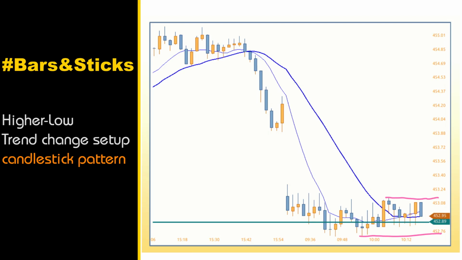Still nothing to do. And it is above the moving average now. Unless this closes.